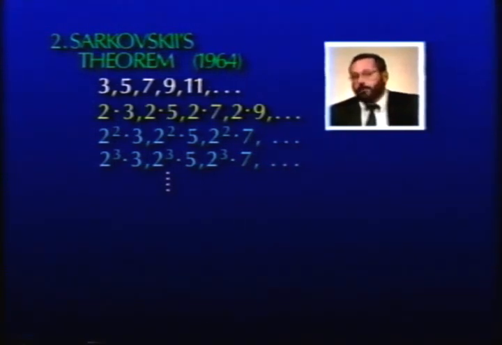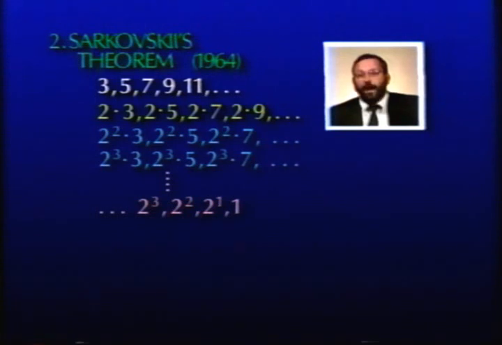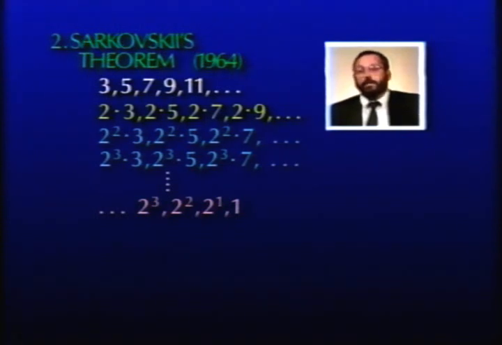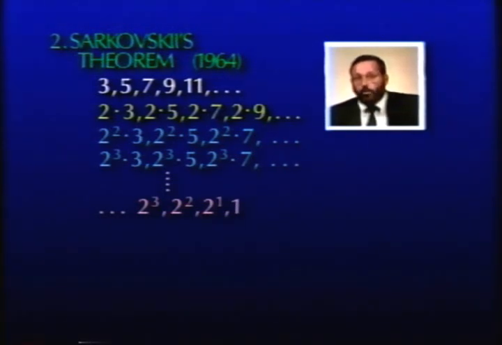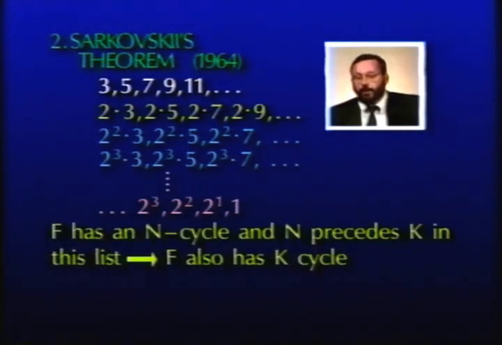When we're done listing all of those numbers, we've listed all of the natural numbers with the exception of 2 to the n times 1. So let's finally list them in reverse order. So we list 2 to the n, followed by all the way down to 2 cubed, 2 squared, 2 to the first, and at the end of the list, 2 to the 0, or 1. Now, what's Sharkovsky's theorem? Sharkovsky's theorem says this.